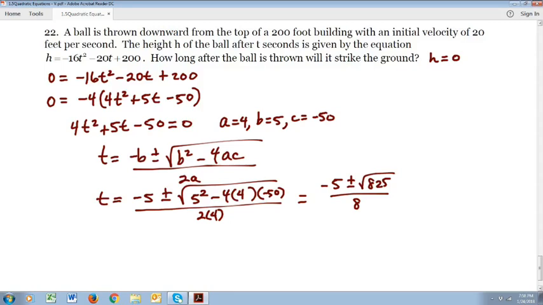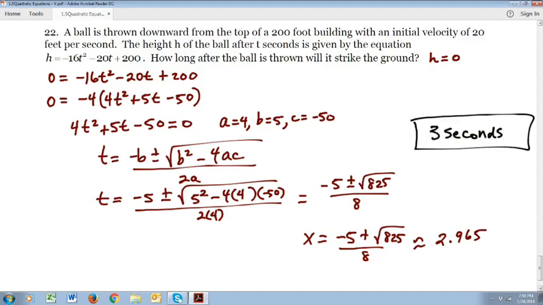So there's going to be two answers, -5 plus the square root of 825 over 8, and of course the minus case. So let's do the addition. If you throw that into your calculator, you should get about 2.965, which is pretty darn close to 3. We're just going to call it 3 seconds.